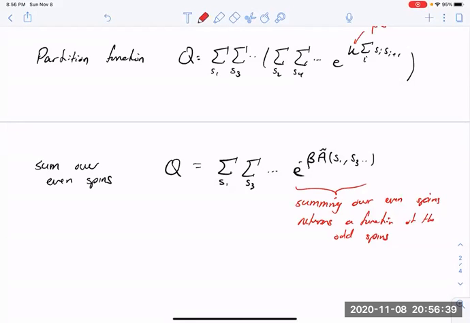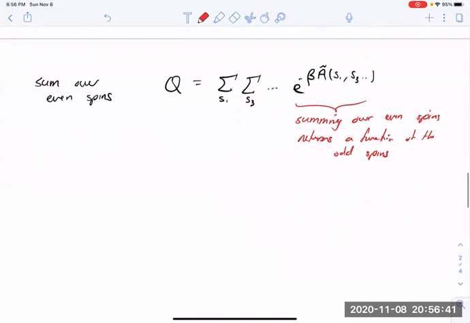And the question is, can we write that remaining function, e to the minus beta a, some function of the odd spins, in the form that looks like the original Ising model we had?